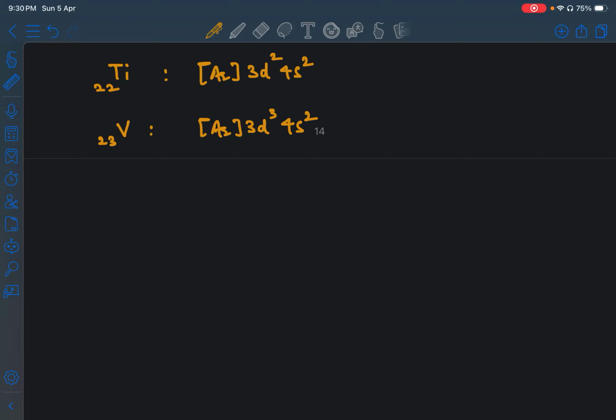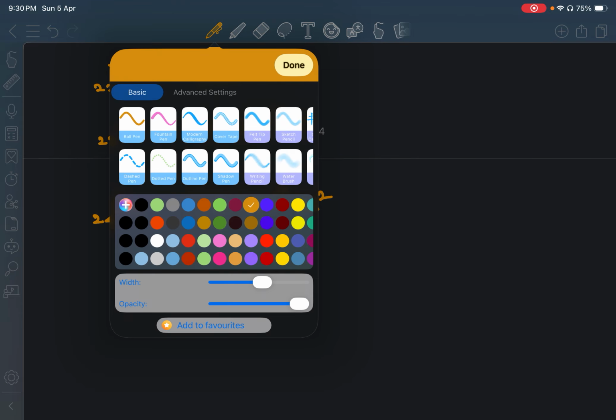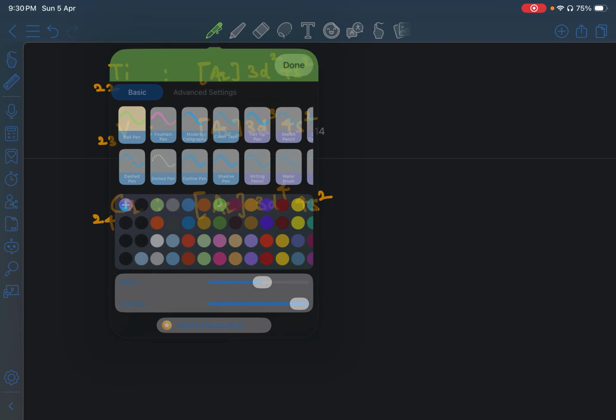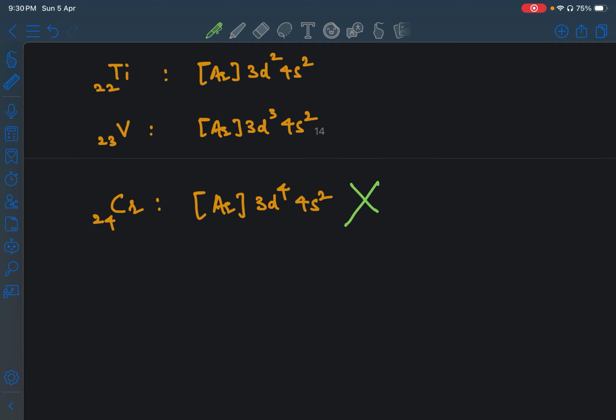Now, here comes a very, very important example, which is of chromium, atomic number 24. Now, if we keep on adding the electrons, one can write like this: argon 3d4, 4s2, right? But let me tell you, this is wrong. This is not accepted. Why? What is the logic here?